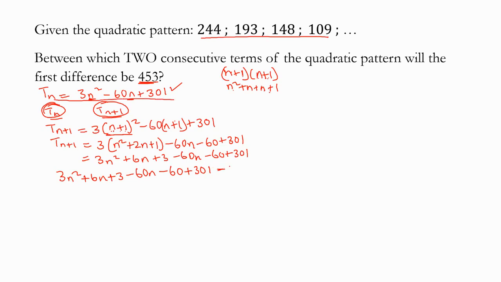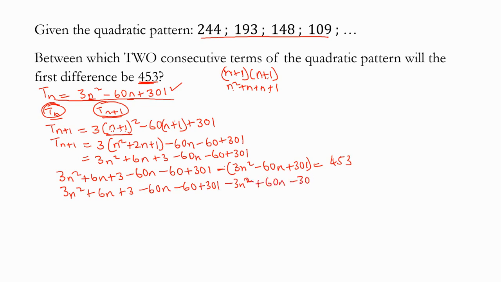So minus the bracket 3n squared minus 60n plus 301 is equal to 453. Right, let's remove this bracket. It becomes 3n squared plus 6n plus 3 minus 60n minus 60 plus 301. Then we're distributing the negative here. It's going to be negative 3n squared plus 60n minus 301 is equal to 453.